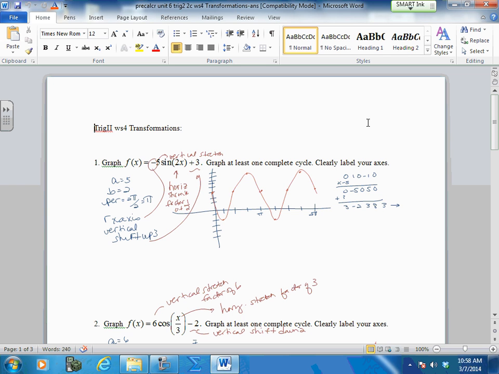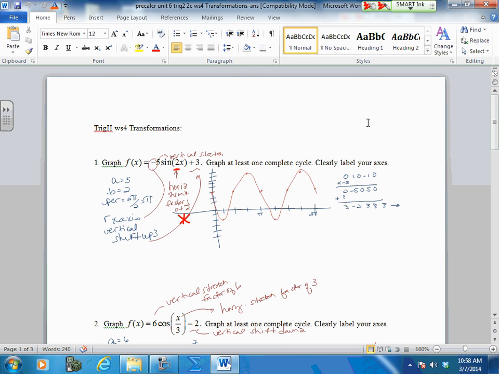And remember, when I ask you for them in order, go for where your x is. So my first thing I'm going to worry about is this in here. This changes my frequency. I need to fit 2 in here. So I shrunk it in, didn't I? Didn't I change the period here by putting this 2?